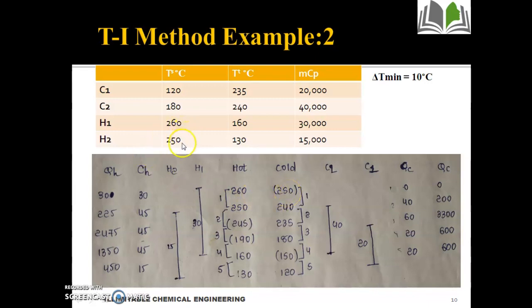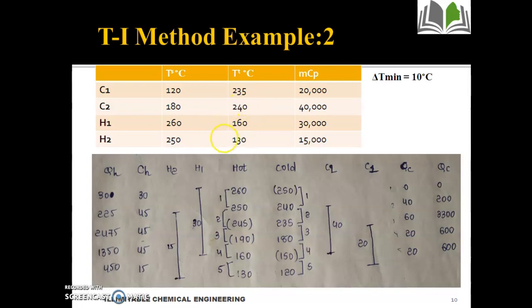Now the next highest temperature is 250, that is at the hot side, so that is present in the hot stream. So we'll write 250 at the hot side, and then 240, that is 250 minus 10 delta T minimum, but 240 is already the next highest temperature, so that is not the adjusted temperature, that's why we have not written it in the bracket.